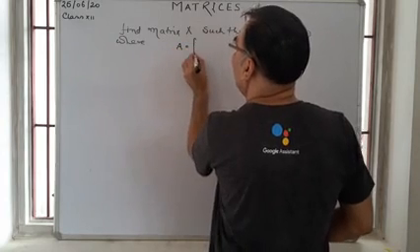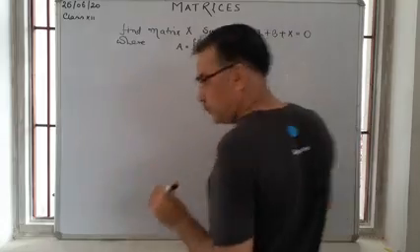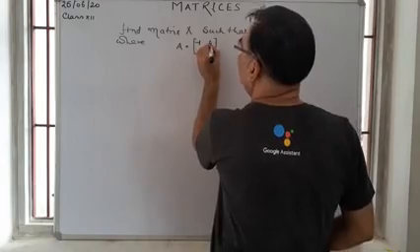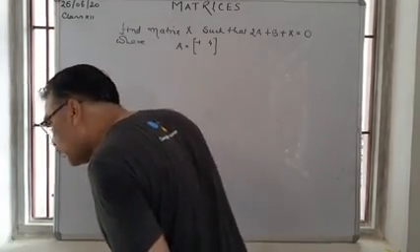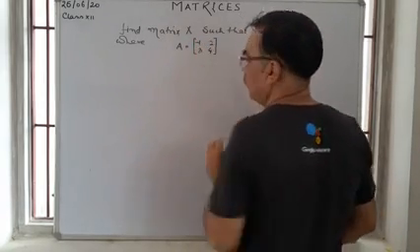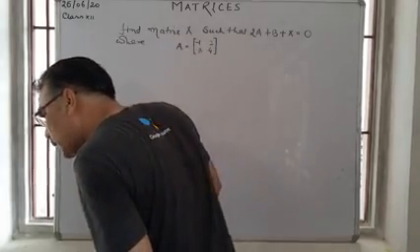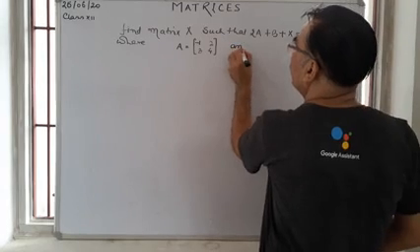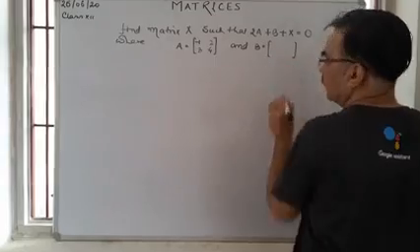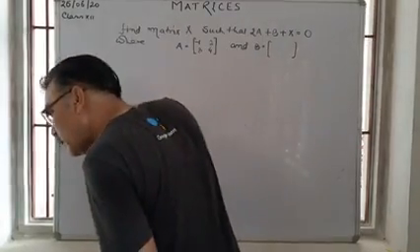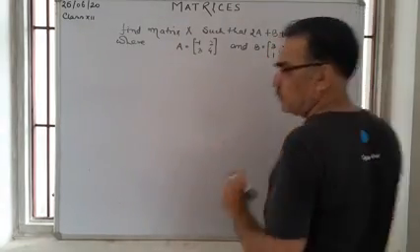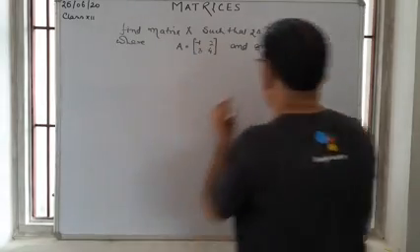A is equal to the matrix minus 1, 4, minus 1, 2, 3, 4, and B is equal to the matrix 3, 1, minus 2, 5.